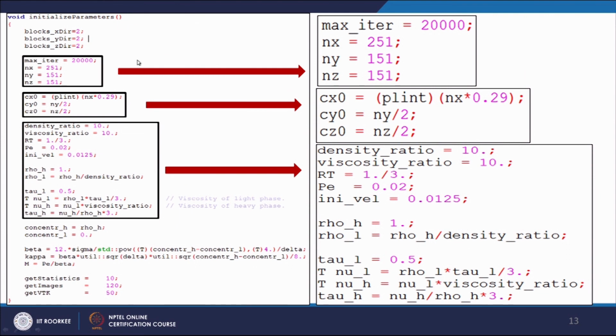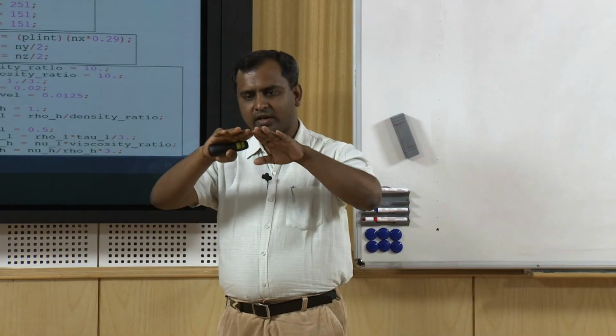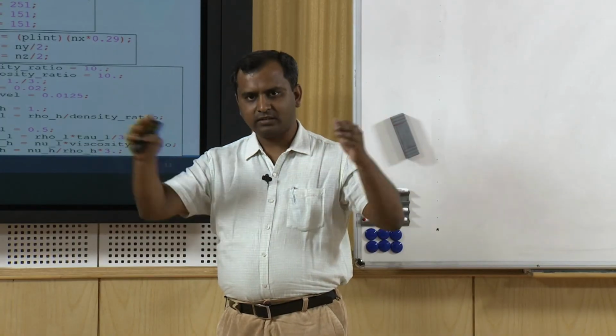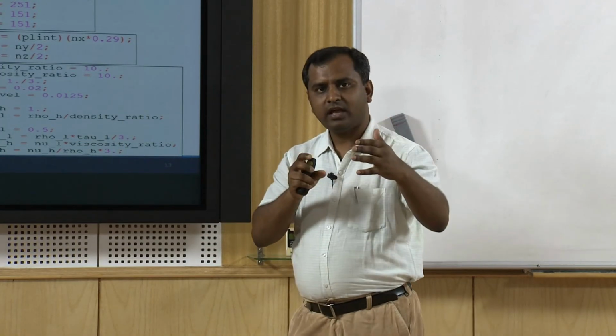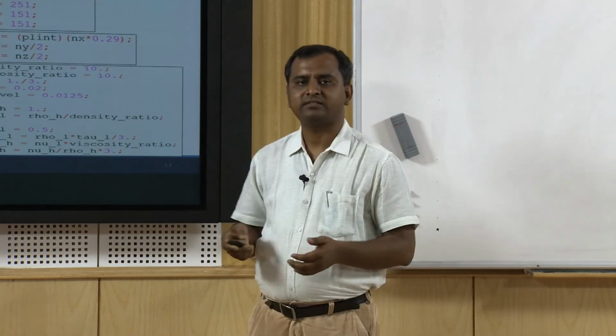So, here you see in this part I have shown you that you can give the max iteration, that means for how long at most the code will be running. Here I have given 20,000. Nx, Ny, Nz are the domain size. So, you have 251 as length, 151 as width and 151 as height.